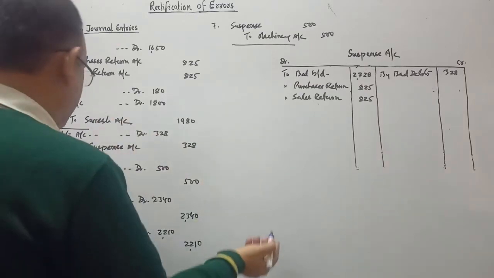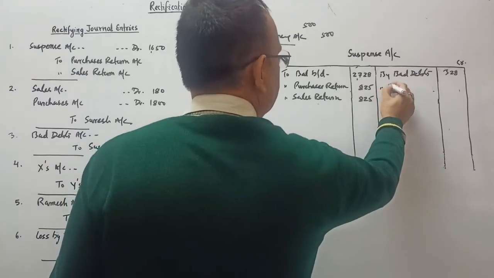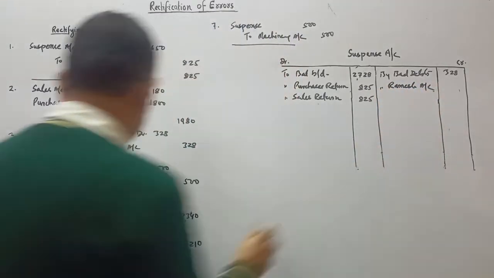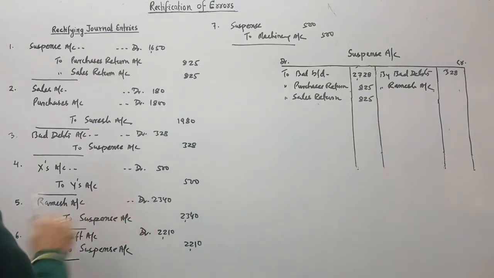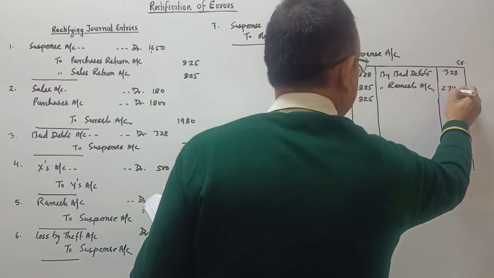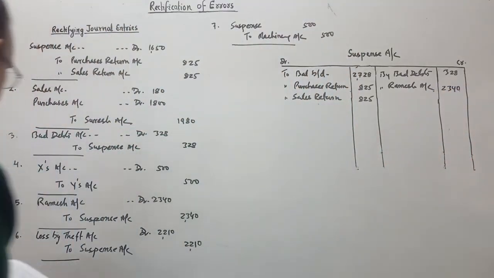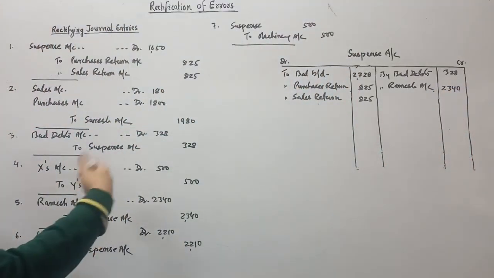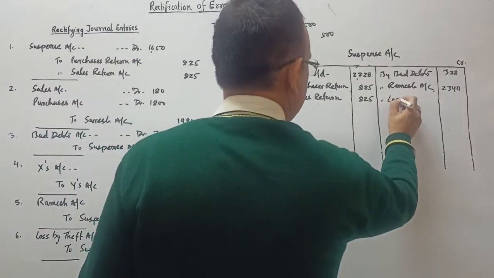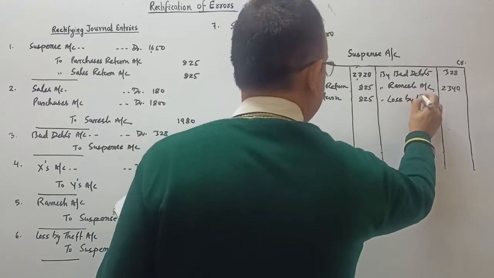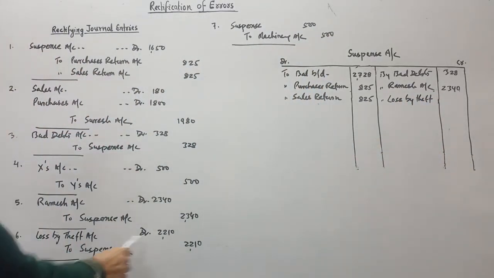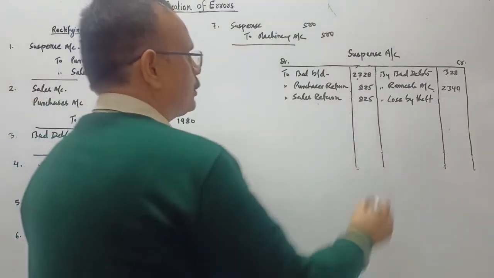So credit side, by Ramesh account, amount is 2340. Suspense is on credit, so on the credit side we will write by loss by theft. The amount will be 2210.